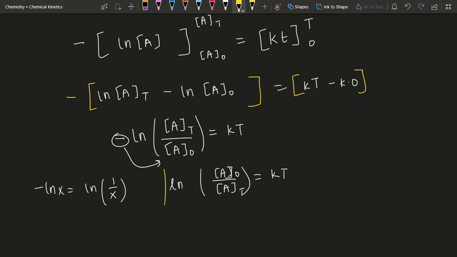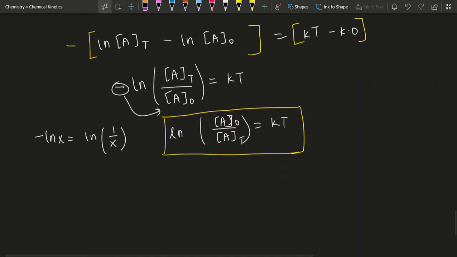And look how beautiful this expression is. This means that for a first order reaction, you can find out the exact concentration of the reactant once the reaction has started, given the time and the rate constant.